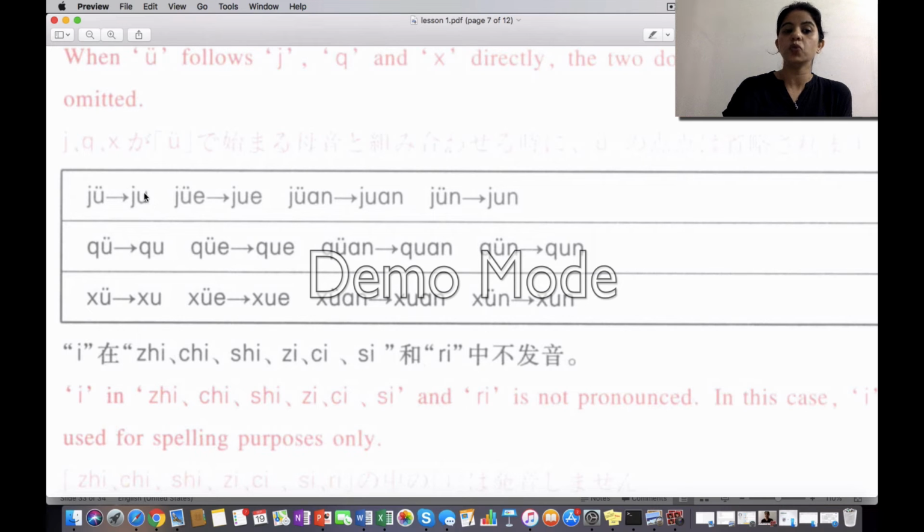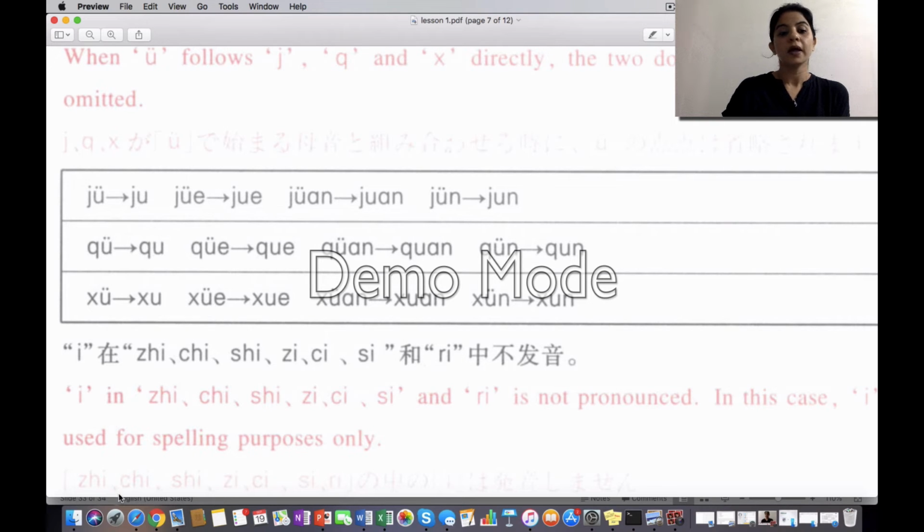So when I'm pronouncing this, I don't pronounce it as ju. I pronounce it as the special U: ju, qu, xu, because it's a special U. Similarly, this will be chue, chue, shui.